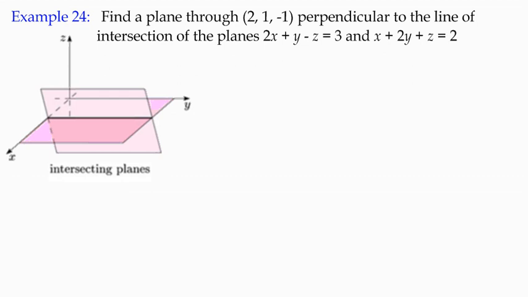I've got a wee diagram just to help visualize it. These are the 2 planes that we already know. And what we can anticipate is that we know something about the line of intersection here, and therefore the plane has to be perpendicular to that.